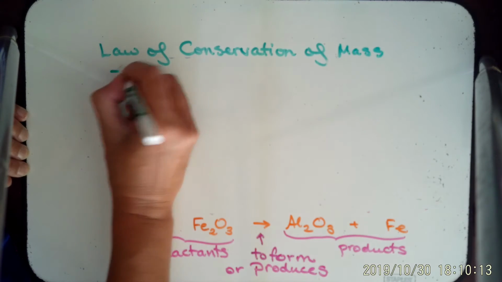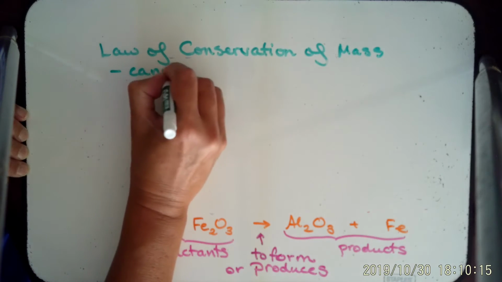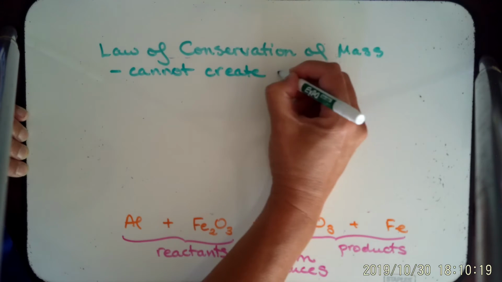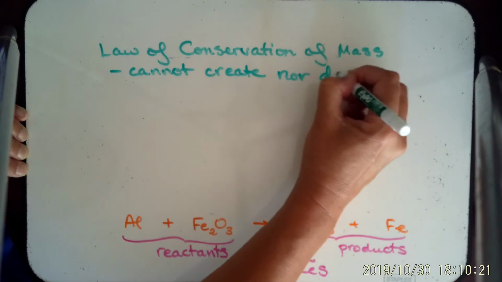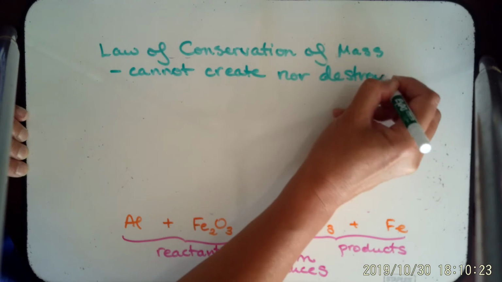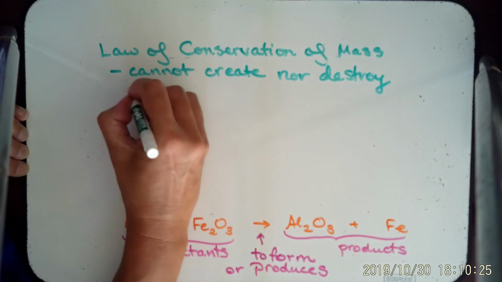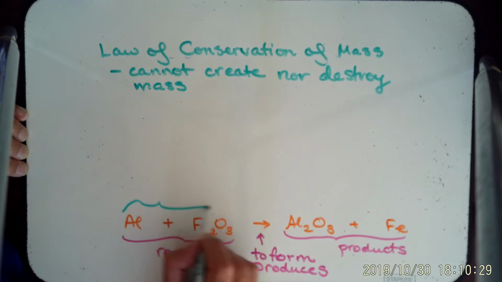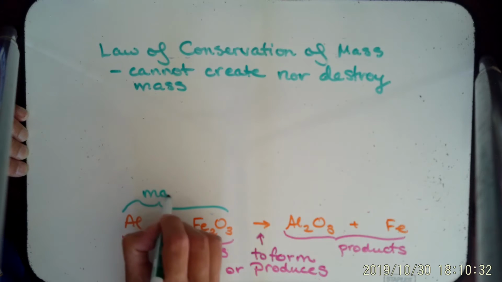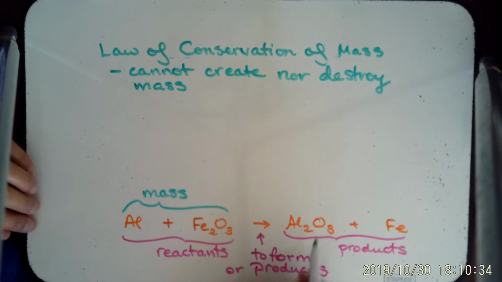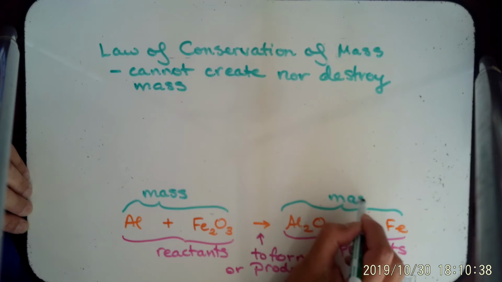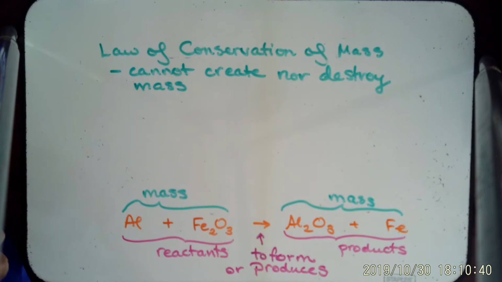It means that you cannot create nor destroy mass. In other words, the sum of my mass here, when the reaction is done, must equal the sum of my mass here. Okay?